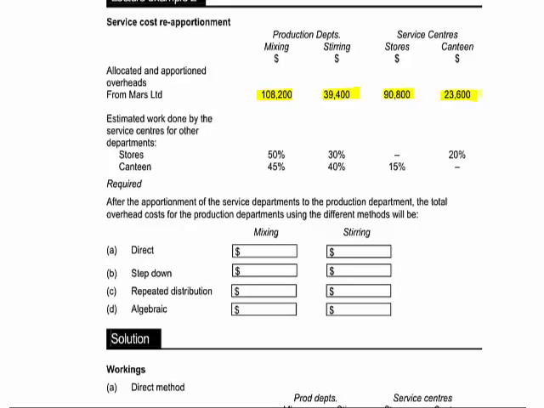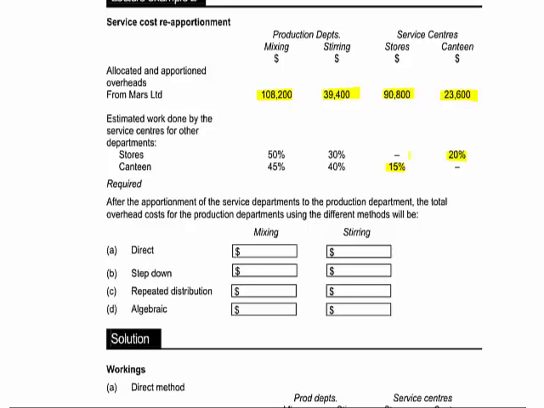So you can see here then that the stores department services the canteen, and the canteen services the store's employees. What we have to do then is reapportion the service departments to the production departments using the 4 different methods, and we'll see how that's going to work. So we're starting off then with the direct method.